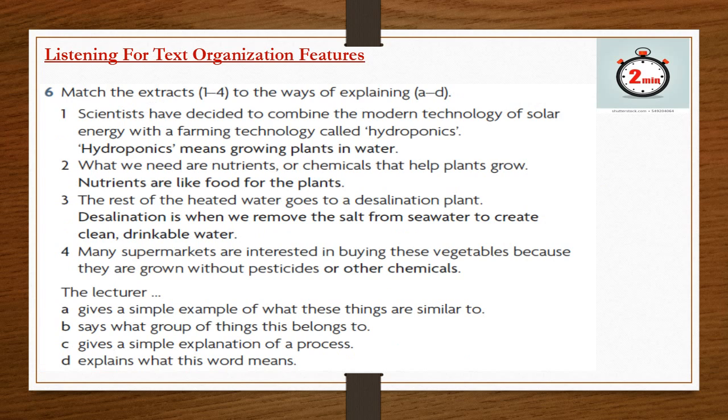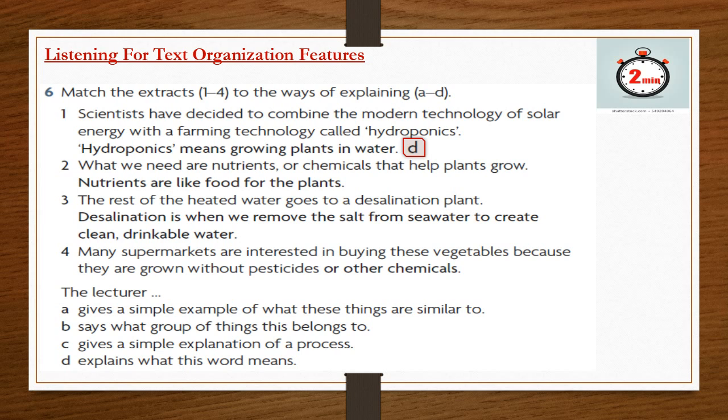Now, let's match the extracts 1 to 4 to the ways of their explanation from A to D. Scientists have decided to combine the modern technology of solar energy with a farming technology called hydroponics. Hydroponics means growing plants in water.